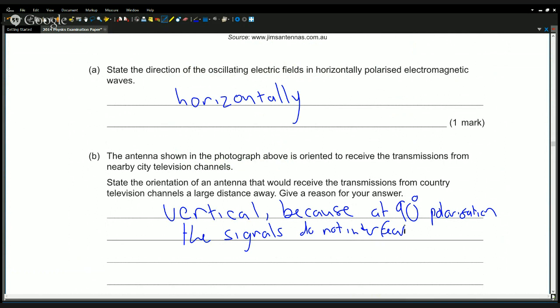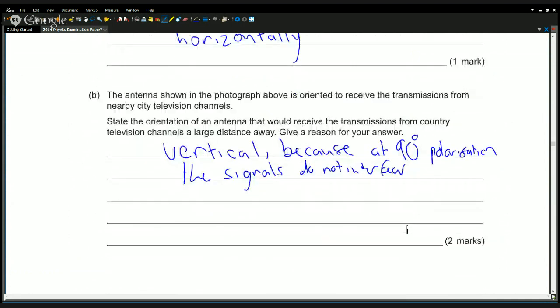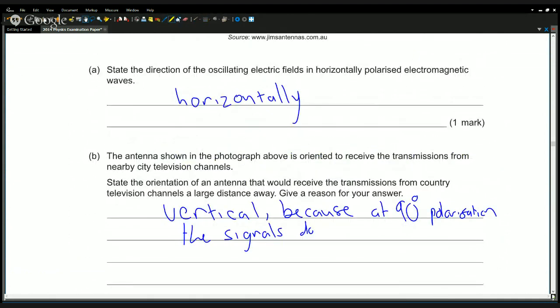They don't interfere in a constructive or destructive manner. Okay, I spelled that wrong. Constructively or destructively.